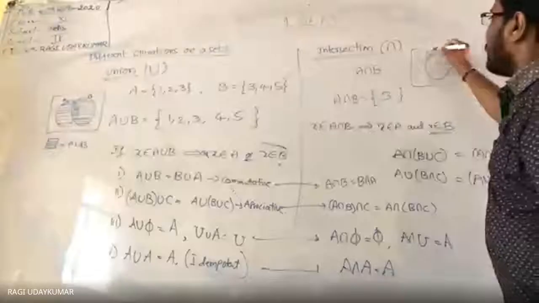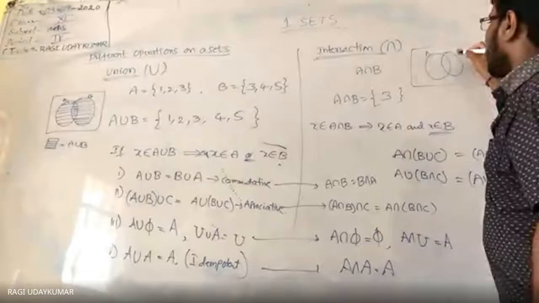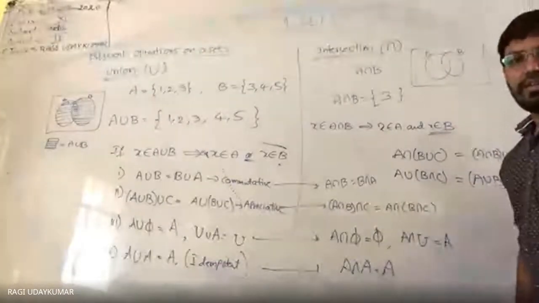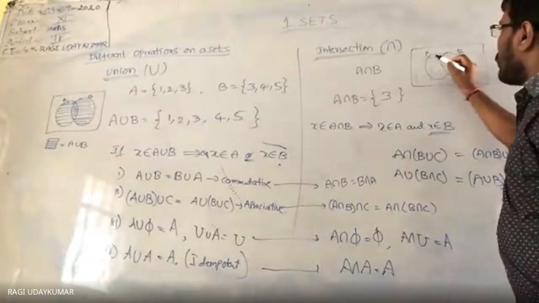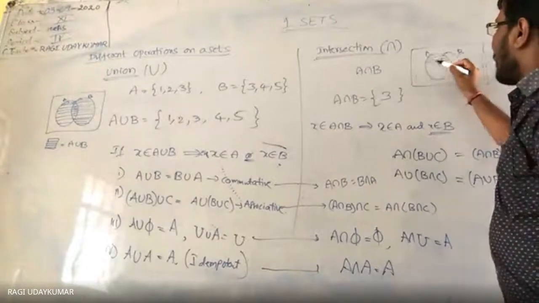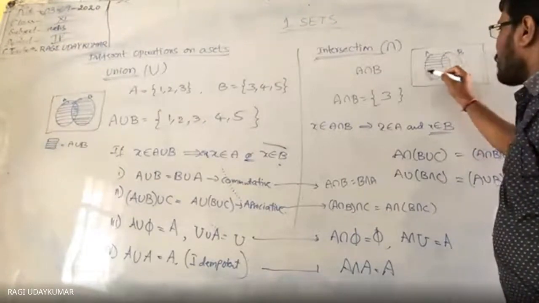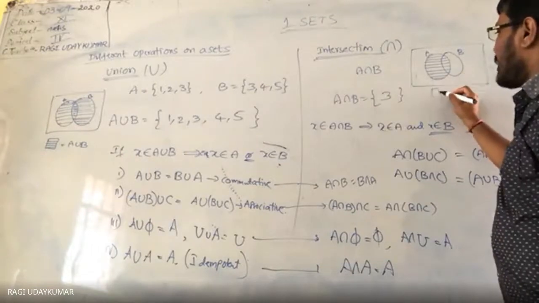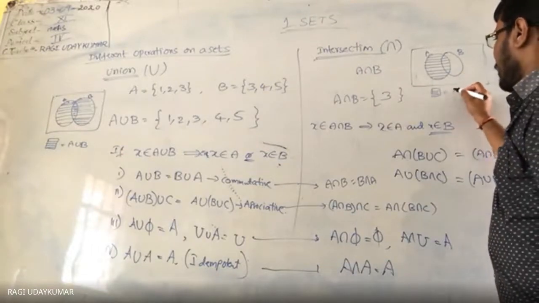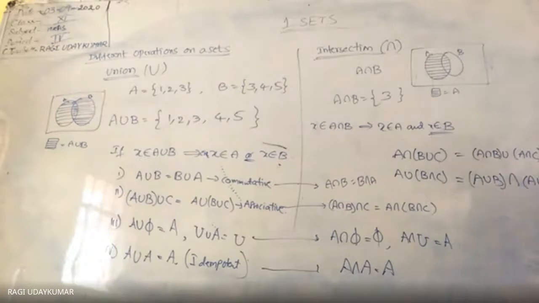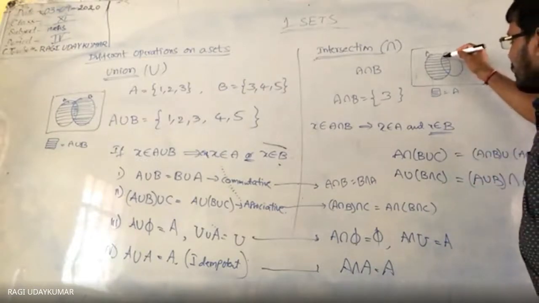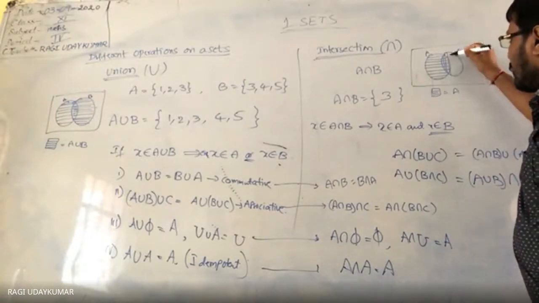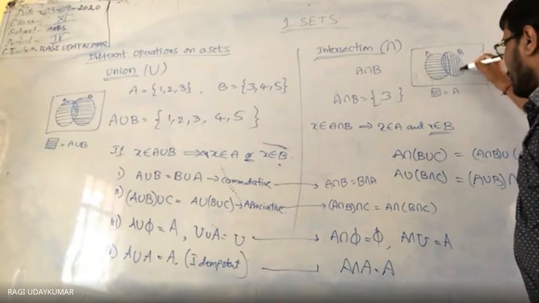This is set A, this is set B. Set A you draw completely with horizontal lines, and set B you draw with vertical lines.